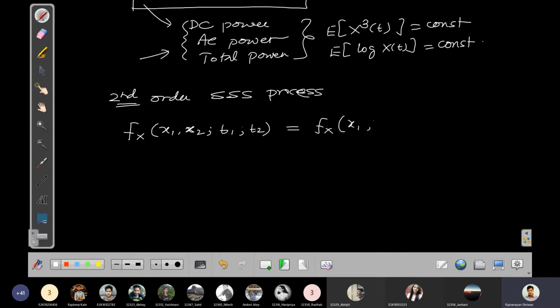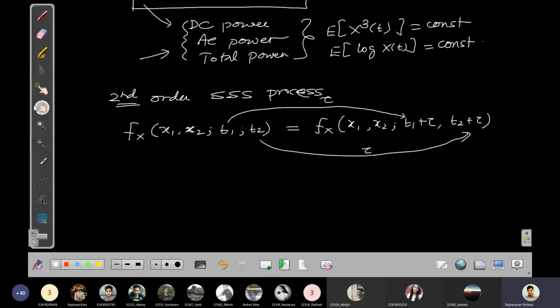So if I shift t1 by tau and t2 by tau, to t1 plus tau and t2 plus tau, I should get the same thing. The PDF should not change. So this joint PDF should not change.